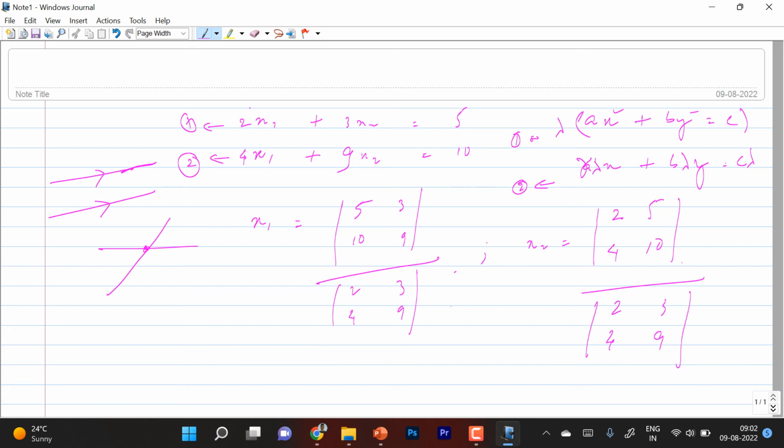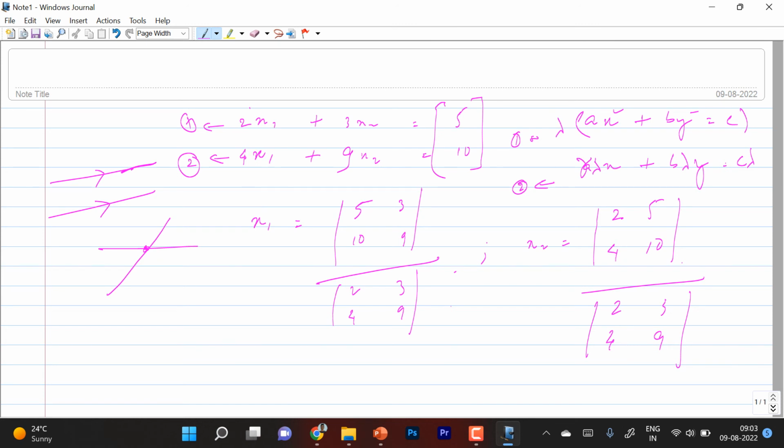This is just a redundancy of the generalized thing which I had written in the previous page. There I had written n independent equations with n variables in it, right? And here I have two independent equations with two variables in it, right? So what you need to do is just swap this column over here in these variables, right?